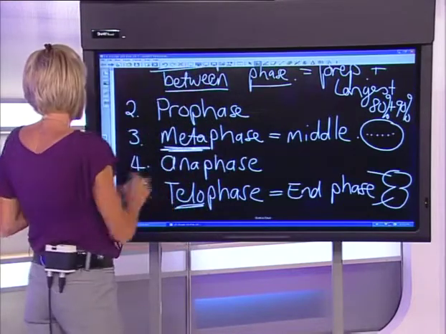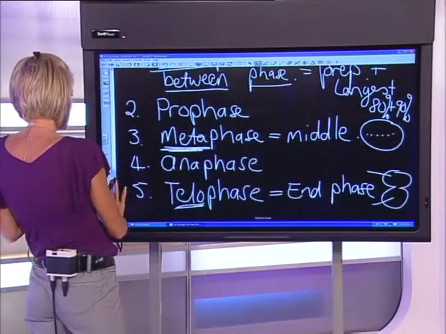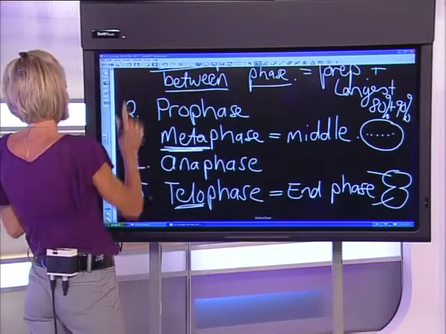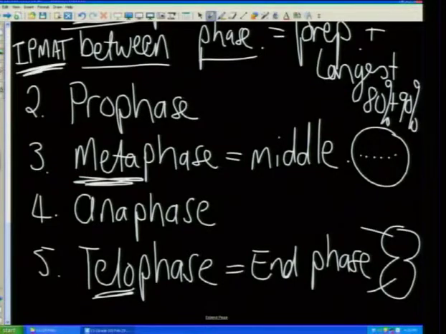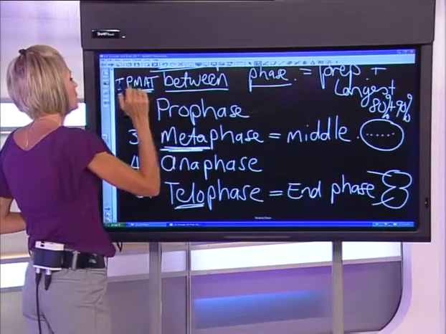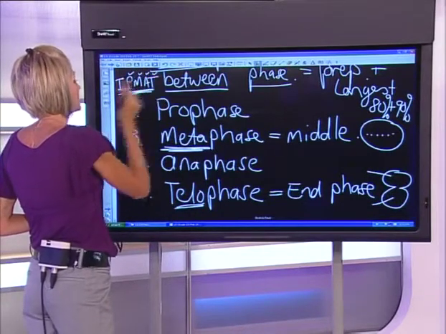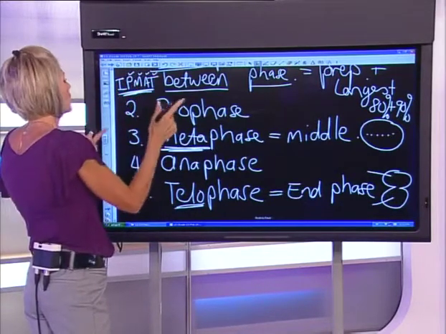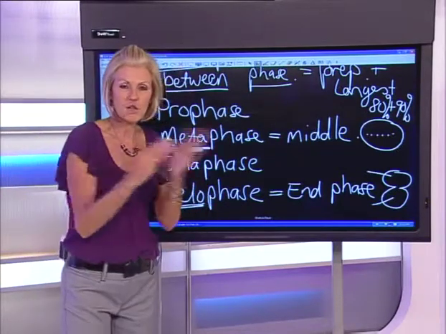So if we look at all of these, we go I, P, M, A, T. So that is your I, P, M, A, T. And we say it is IP-MAT. But there are actually only really 4 phases, which is prophase, metaphase, anaphase, telophase. Why? Because interphase is between the mitotic divisions.